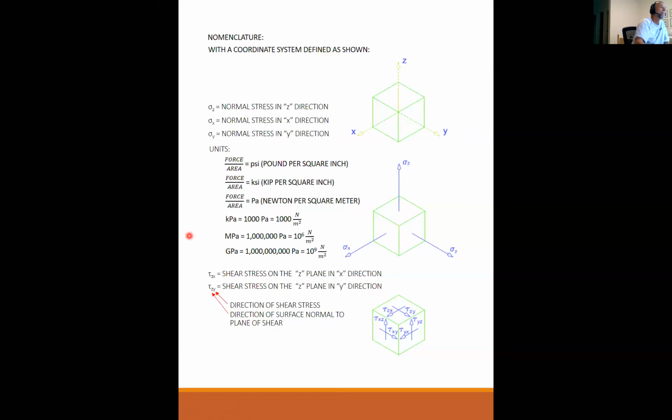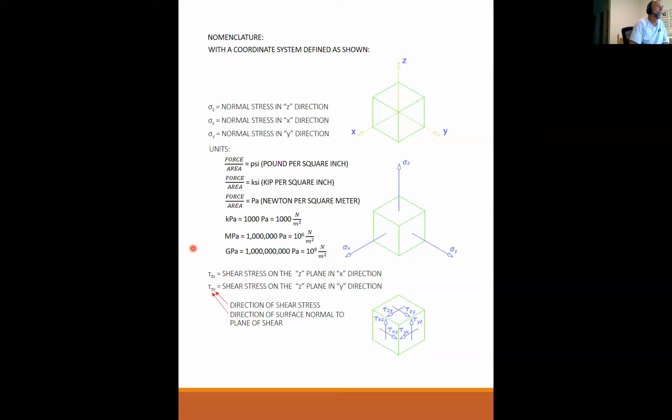And we have gigapascals, 1 billion pascals, or 10 to the 9 newtons per meter squared. And you might be thinking to yourself, where on earth am I ever going to see a gigapascal? Well, right here in this course, because we're going to talk about a quantity known as Young's modulus of elasticity.